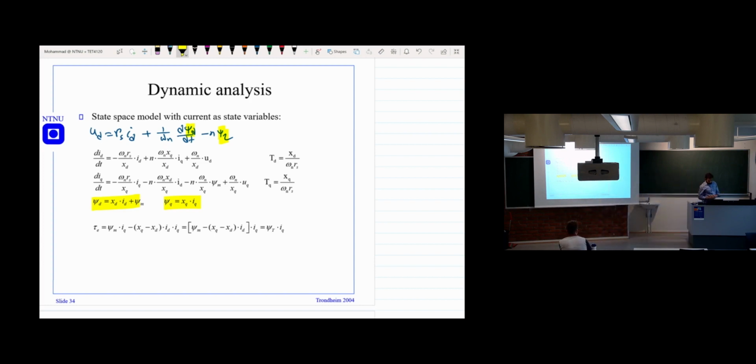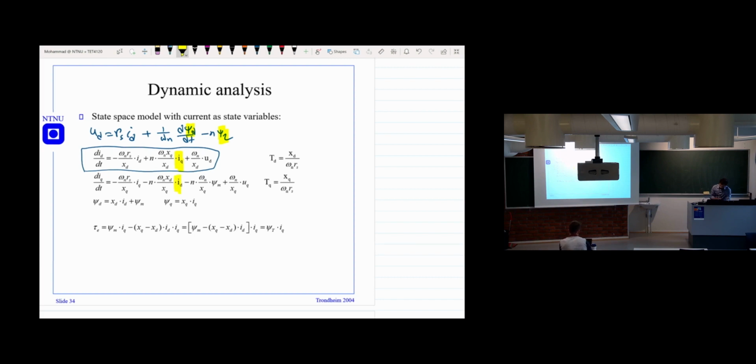One interesting thing we see in these two equations is that we have some cross-coupling term. Even though this equation is for the d-axis current, this term here is coming from the q-axis current.